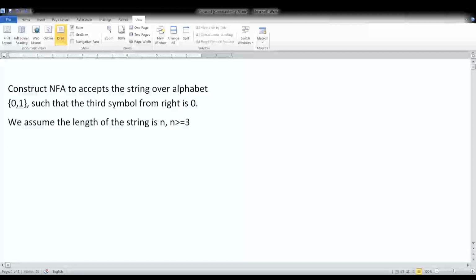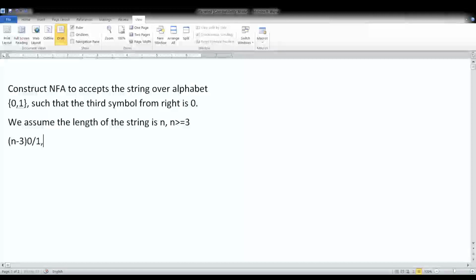Now we will see what these n symbols look like. We know the third symbol from right is 0. It means that there is no restriction on the starting n minus 3 symbols or the last 2 symbols. So the first n minus 3 symbols can be anything, either 0 or 1.